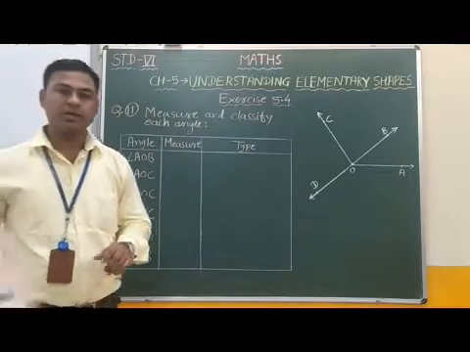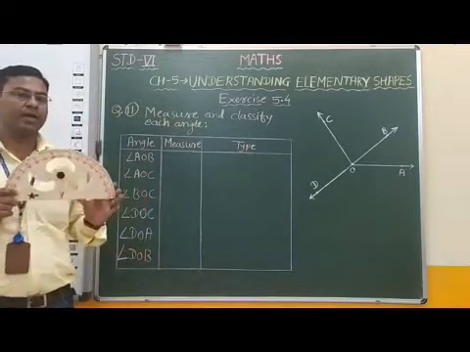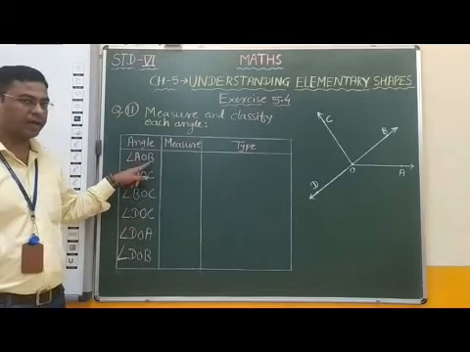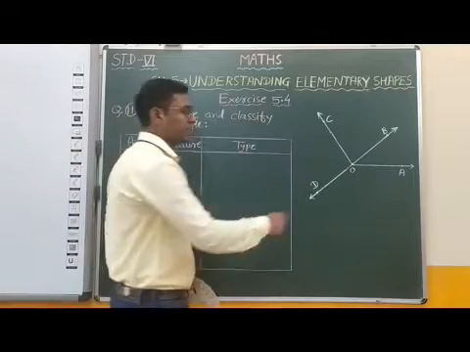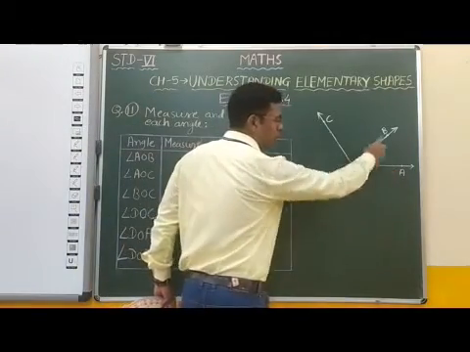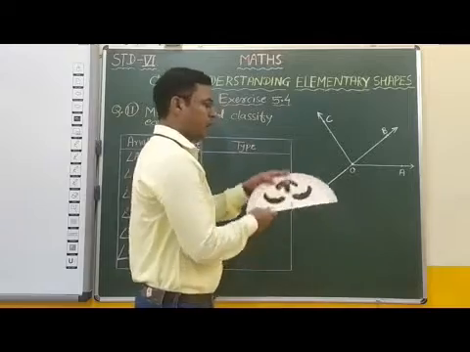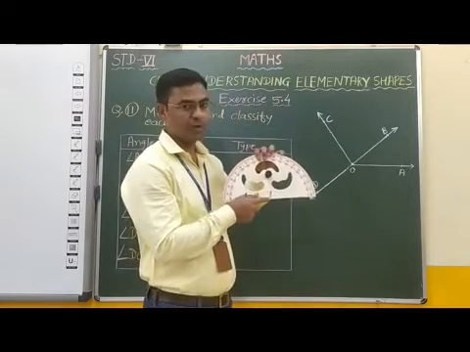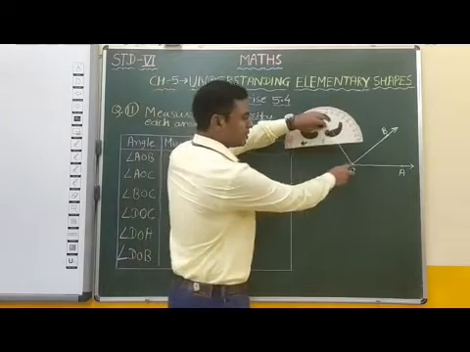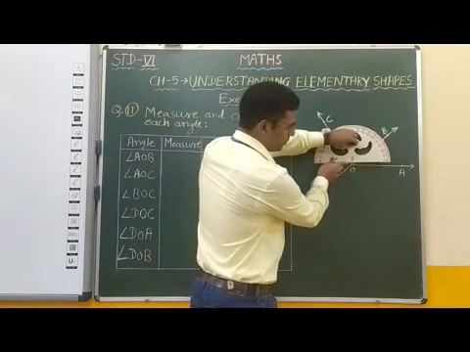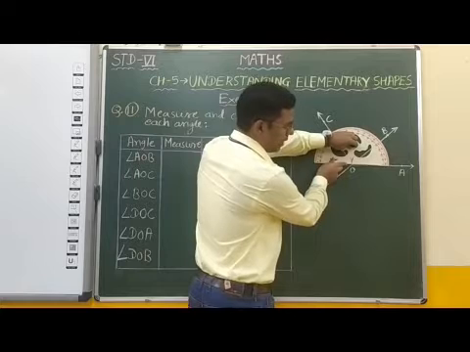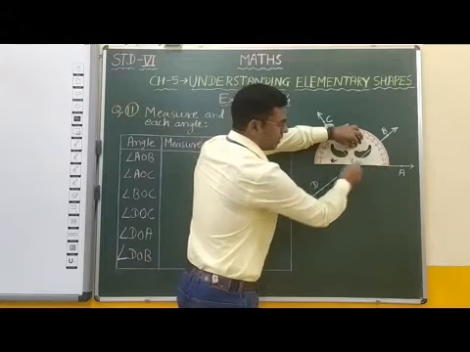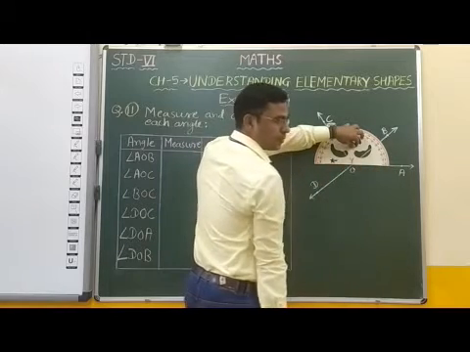We can measure any angle by using a protractor. Now we are going to measure angle AOB. In the given figure, put this midpoint of the protractor on the vertex of angle AOB, that is point O, and match this straight line with ray OA.